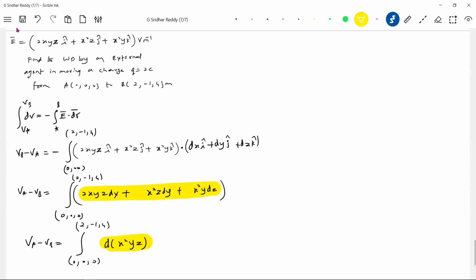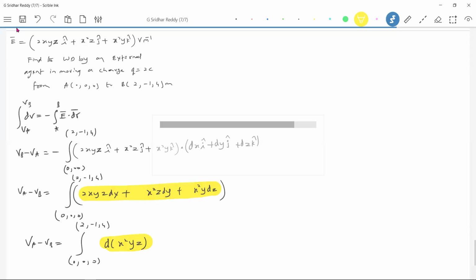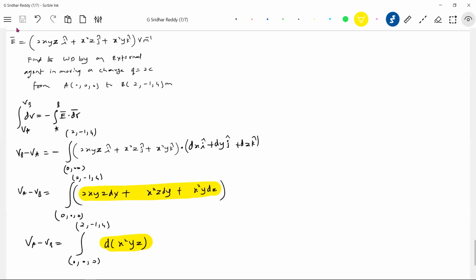Please make the observation, the very important addition: let me differentiate this bracket. If I differentiate this bracket term, what do we get? 2xyz dx, then again x square z dy, then x square y dz.